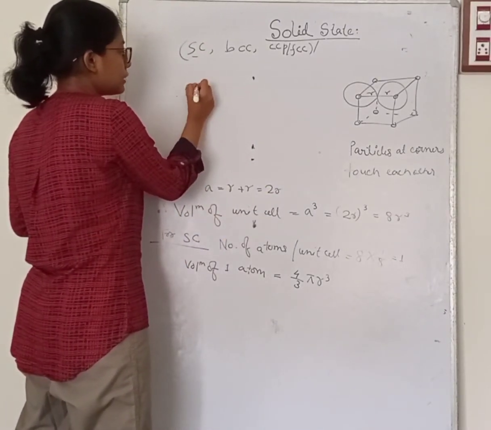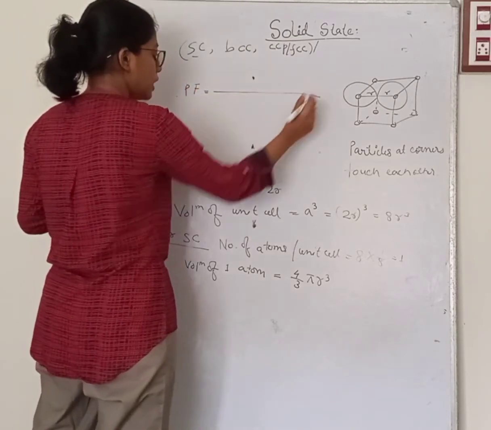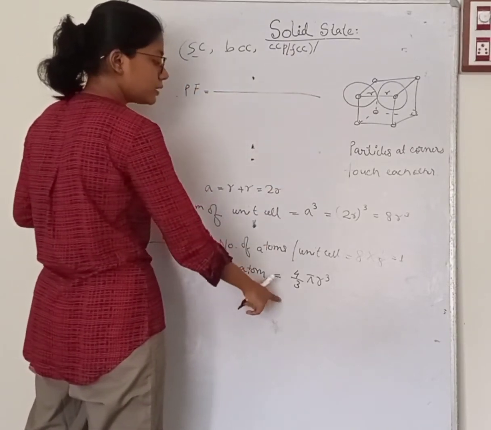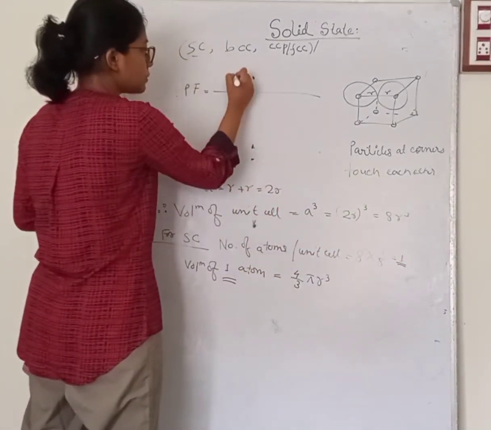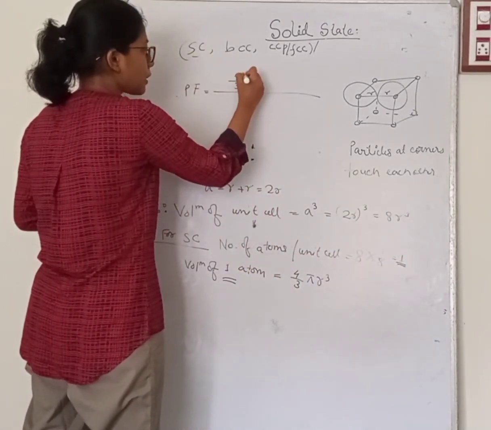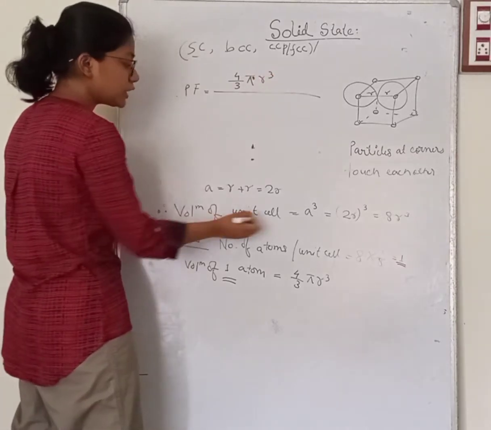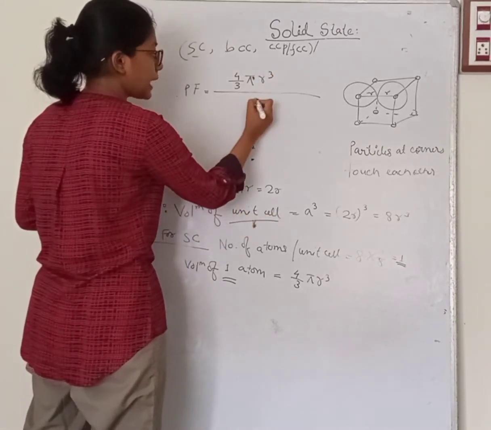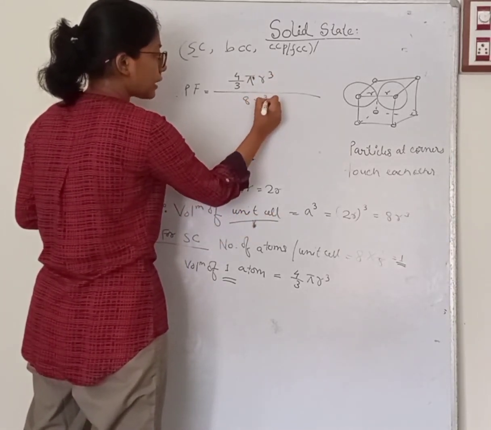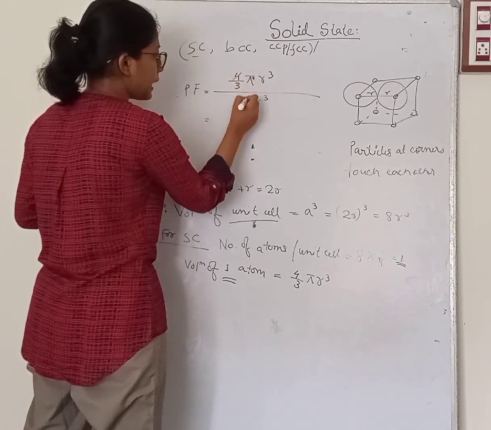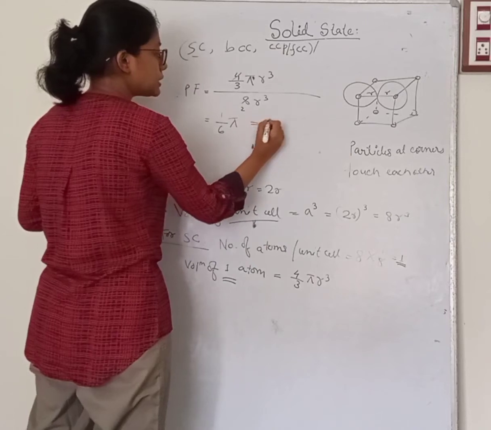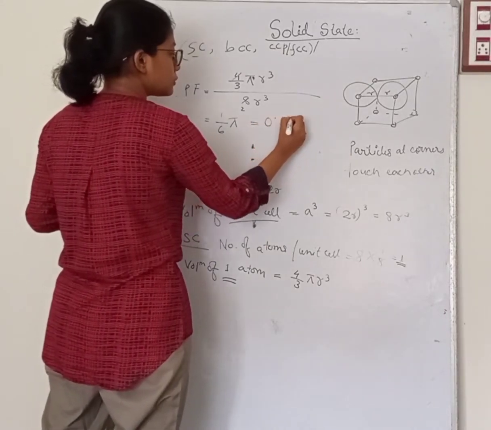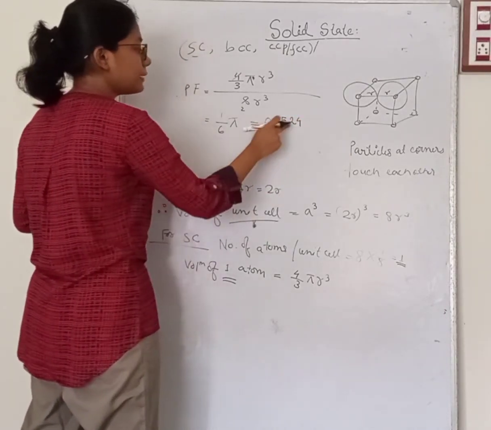Therefore, packing fraction is equal to the volume occupied by, we have only one atom, right? So the volume occupied by one atom is 4/3 pi R cube, and the volume of the unit cell is A cube, which is equal to 8R cube. So now we will have pi by 6, which is almost equal to 0.524.